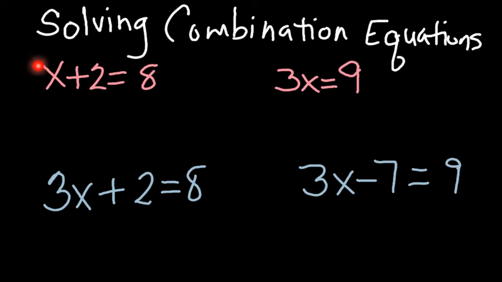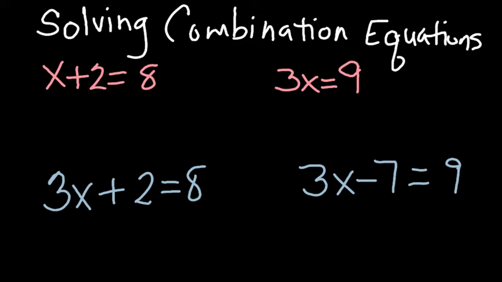Regular equations that we've been doing look like this one, x plus 2 equals 8, and this one, 3x equals 9. We're pretty good at solving, checking, and showing all work on these. A combination equation is sort of like combining these.